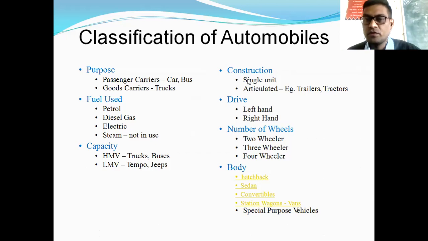According to the construction, we have single unit and articulated vehicles, which we have just seen. According to the drive, it is classified as left-hand drive and right-hand drive. According to the number of wheels, we have two-wheelers, three-wheelers, four-wheelers. And according to the body of the automobile, it is classified as hatchback, sedan, convertible, station wagons, and special purpose vehicles, which are generally used in the defense sector or construction sites.